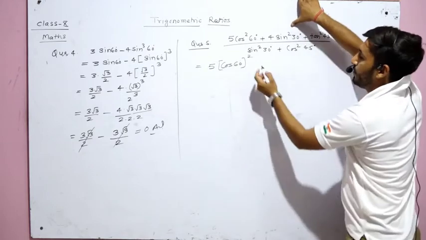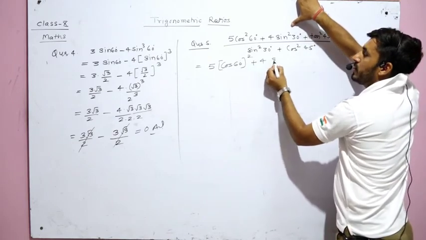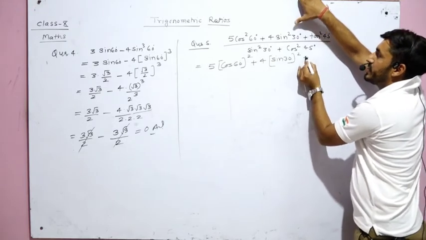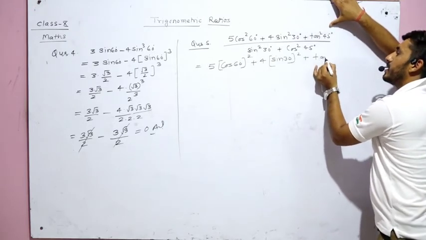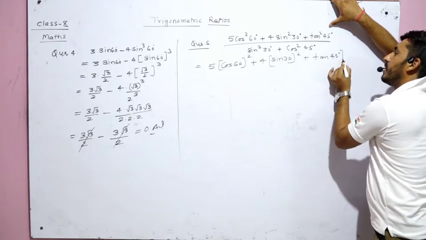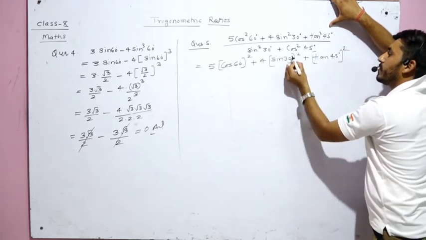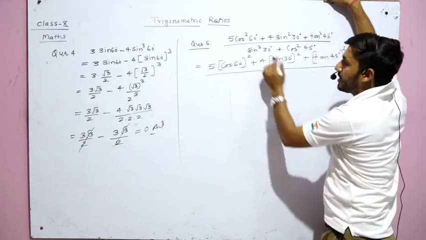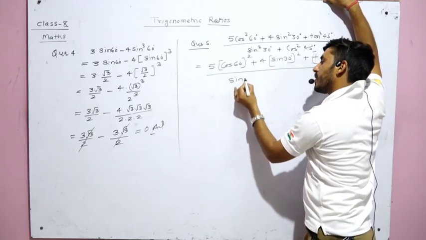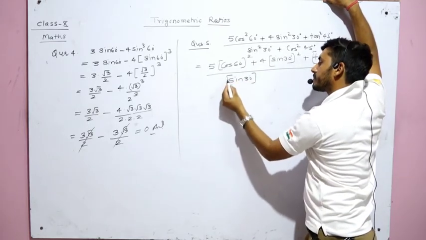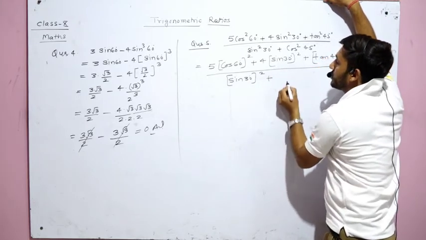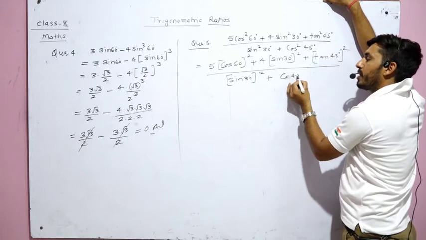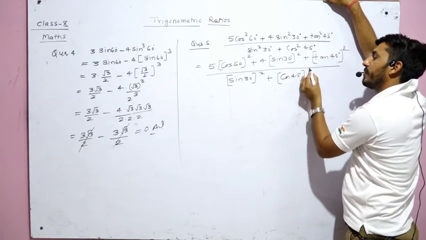In the next term we can write 4 into the square of sine 30, plus the square of tan 45 degree. Again in the denominator we can write the square of sine 30 degree, plus in the next term the square of cos 45 degree.